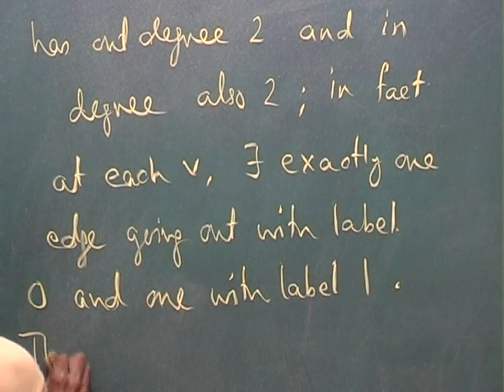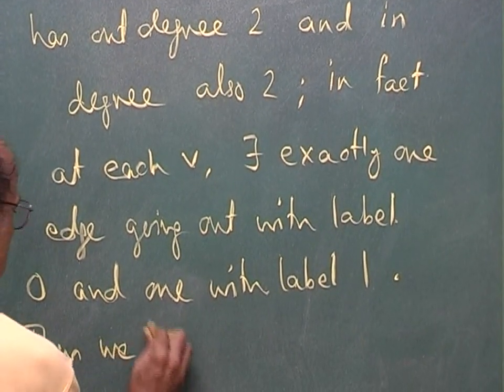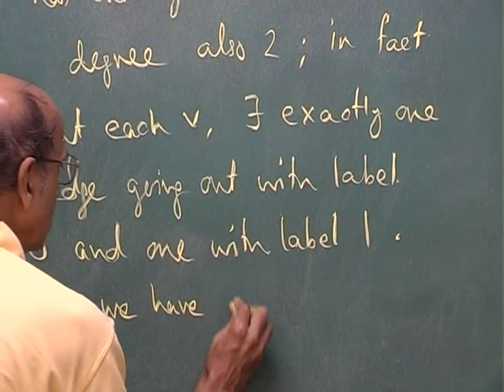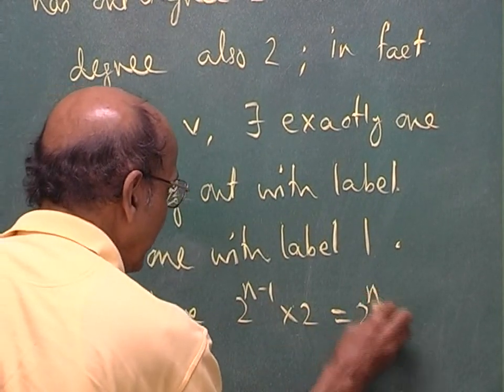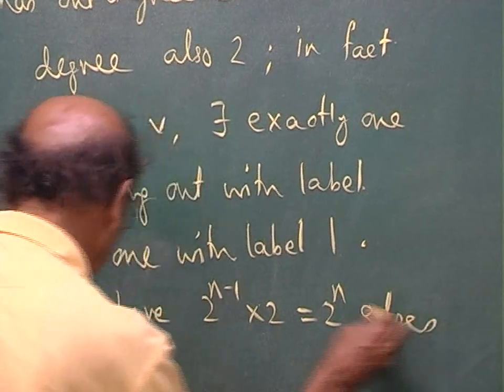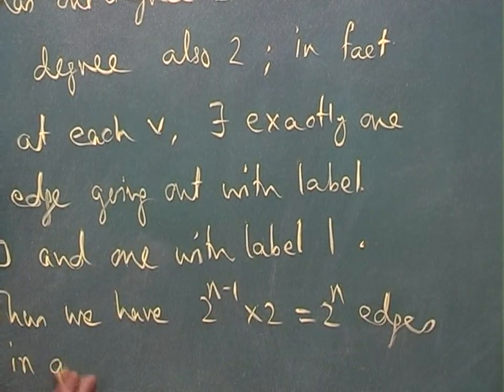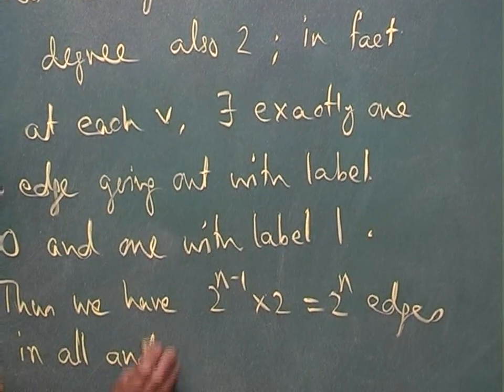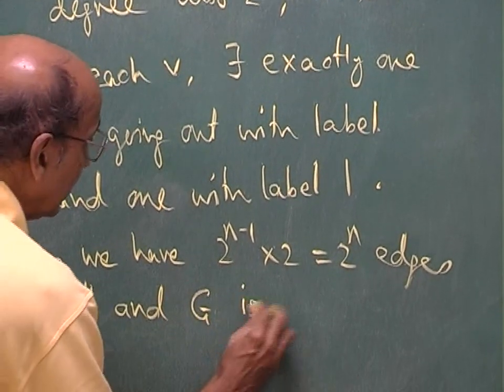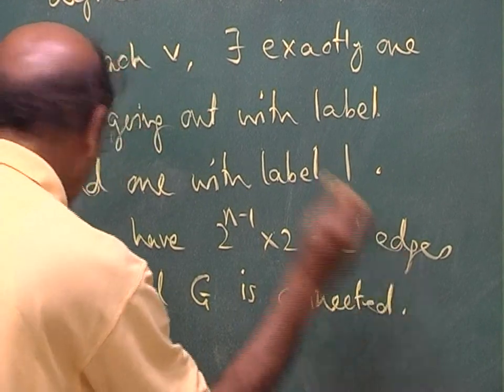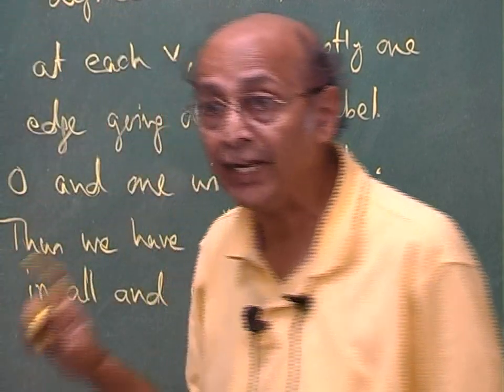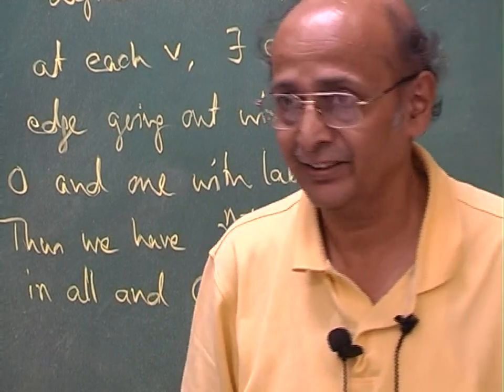Thus, we have 2 power n minus 1 multiplied by 2 equal to 2 power n edges in all, and G is connected. So G has a directed Eulerian circuit.